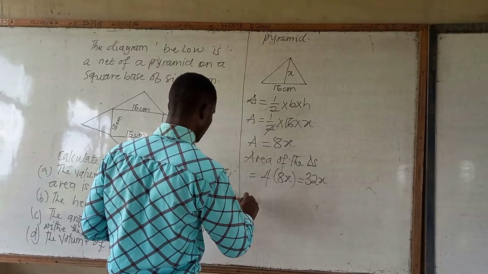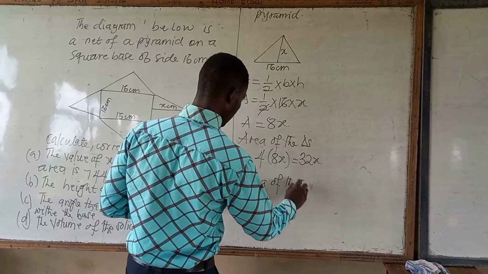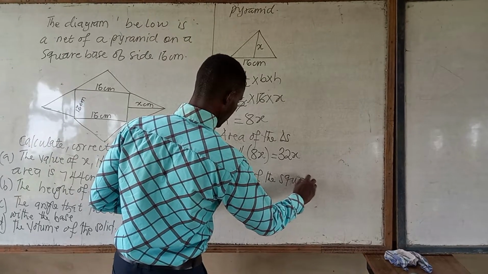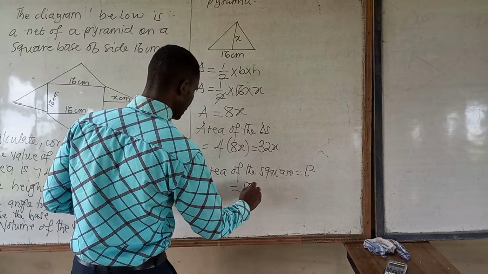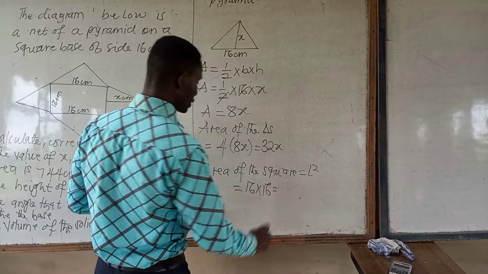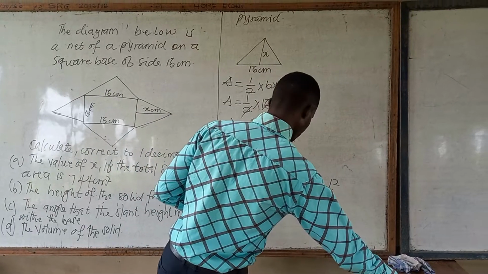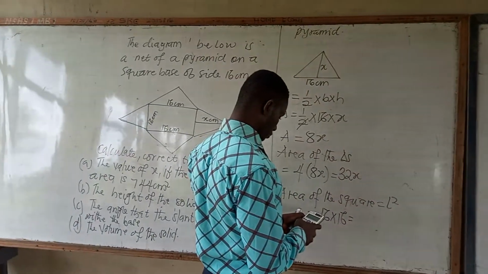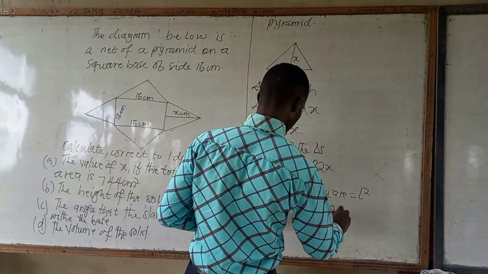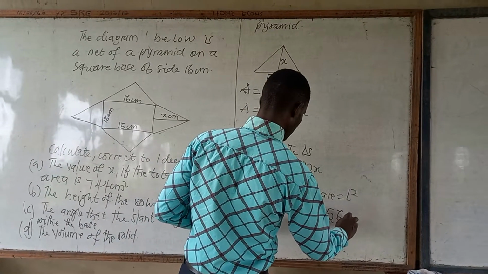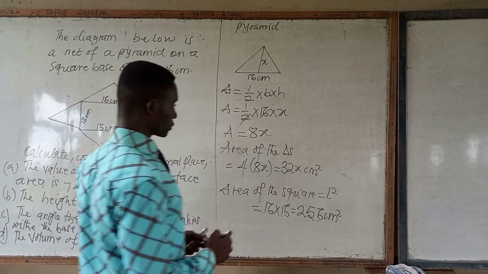Area of the square is L squared, which is equal to 16 times 16, which gives us 256 centimeters squared.